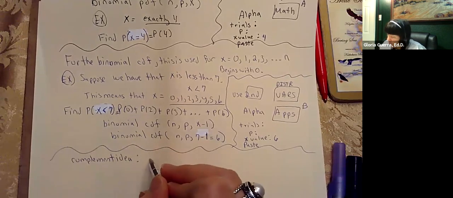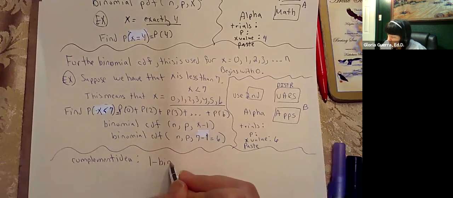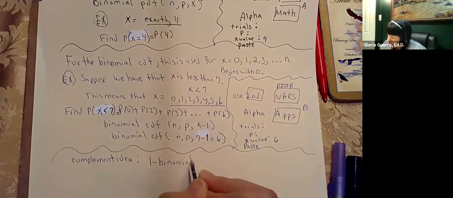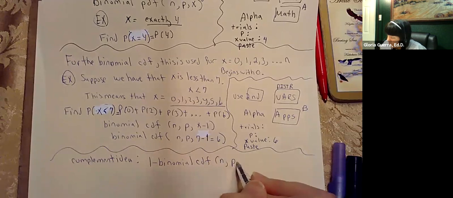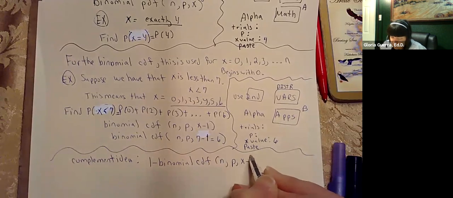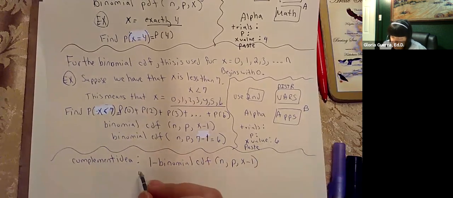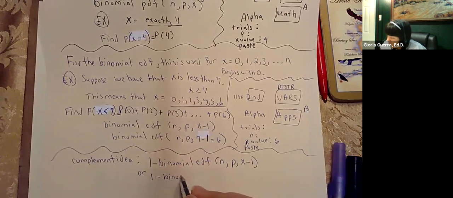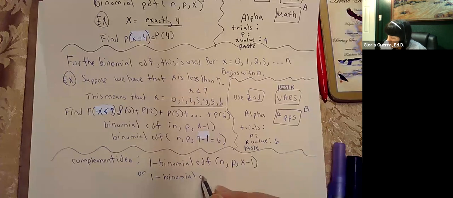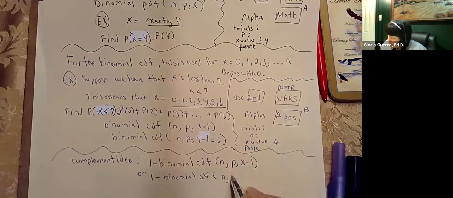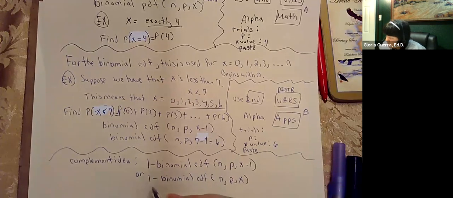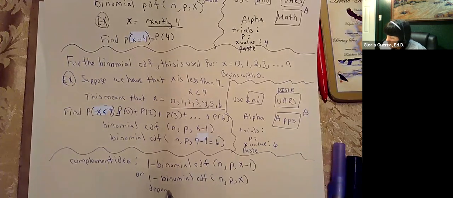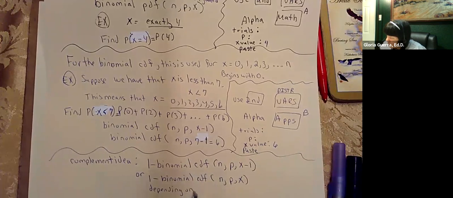Okay, so we have 1 minus binomial CDF n, p, x minus 1, or it could be 1 minus binomial CDF n, p, x. And this is depending on the vocabulary.